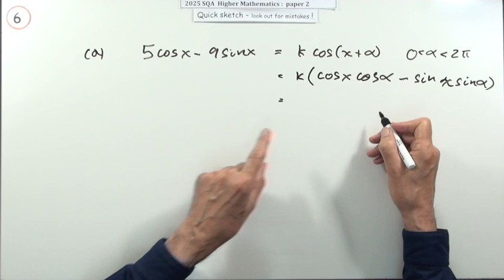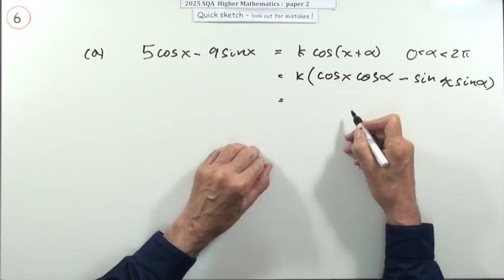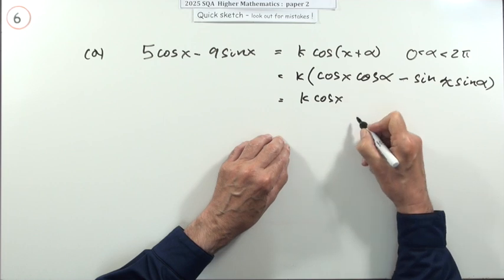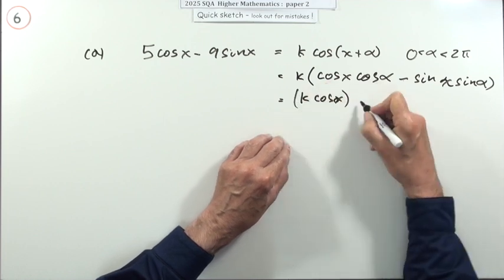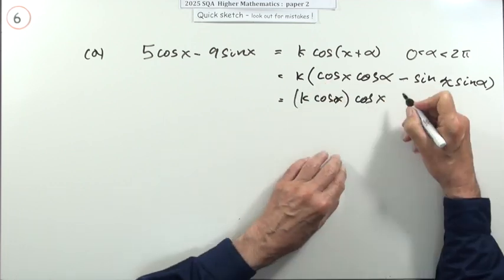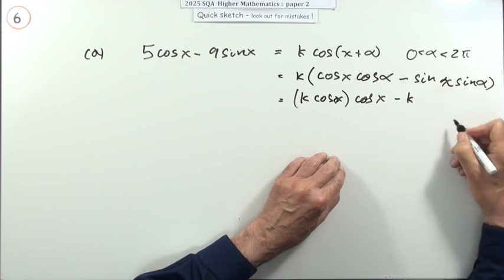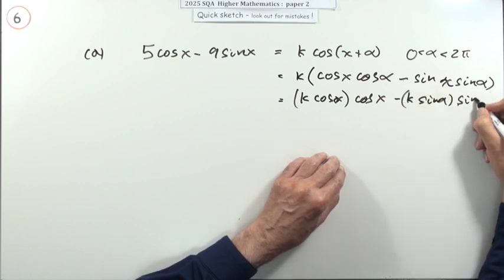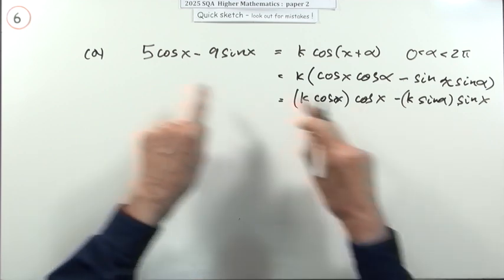Now that would do, but I prefer to take out the coefficient of cos x explicitly. So it's k cos alpha multiplying the cos x, minus k sine alpha, well, it's really an A, I know, sine x. And then you can compare them term by term.